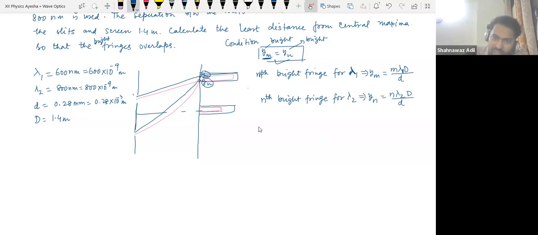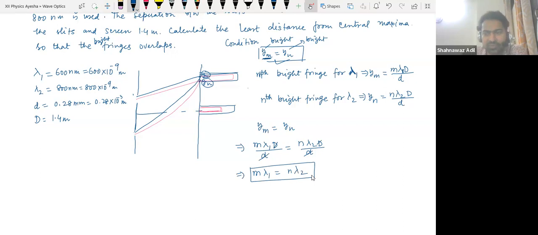Then ym is yn, which means that m lambda 1 D by d is equal to n lambda 2 D by d. This D and this D will cancel, this d and this d will cancel. So we will have m lambda 1 equals n lambda 2. That would be the case, right?